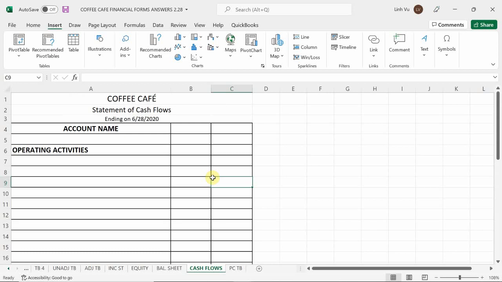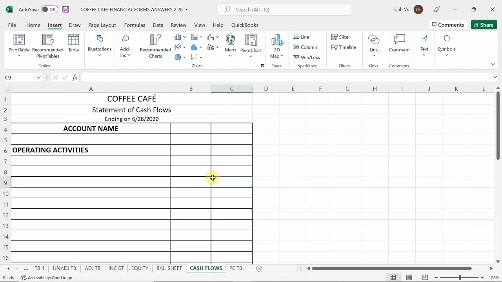So in this case, I am going to go from an accrual basis to a cash basis, because I need to understand one thing: how much cash is actually flowing into my company and how much cash is actually flowing out of my company. That is the main goal of the statement of cash flows.